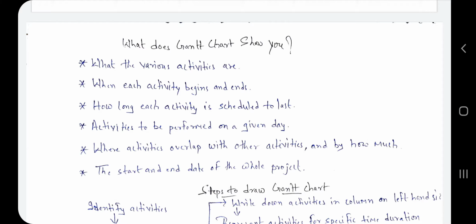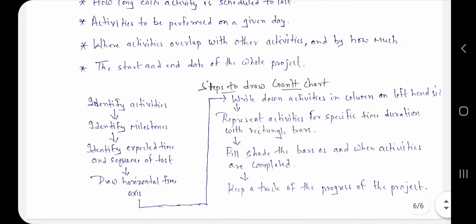So these are the things which we gain from the Gantt chart, and there are some steps to draw it. First we have to identify the activities. After identifying the activities we identify the milestones, then identify the expected time and sequence of tasks, then draw a horizontal time axis.